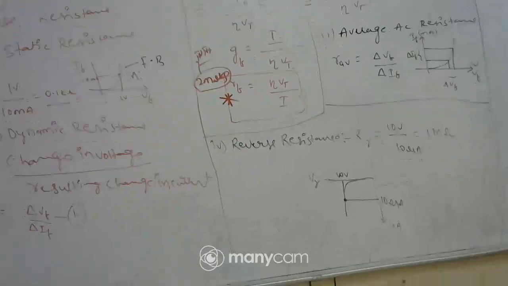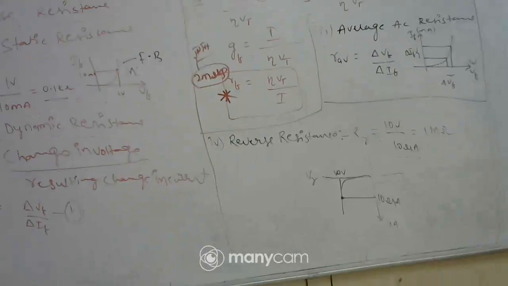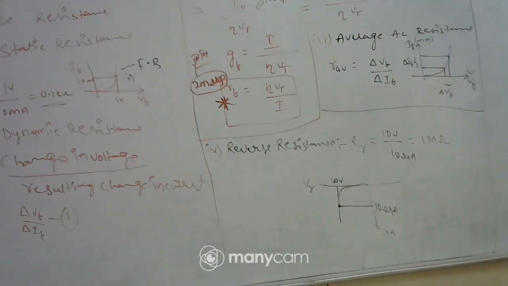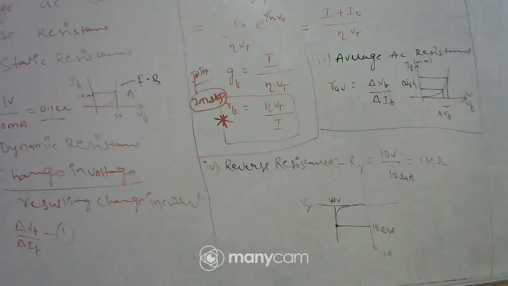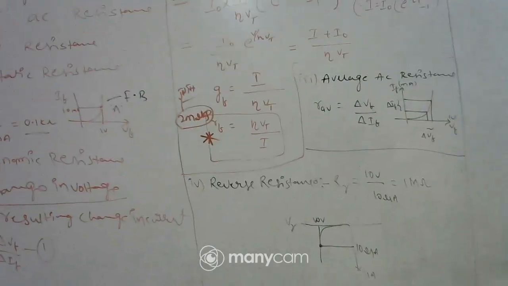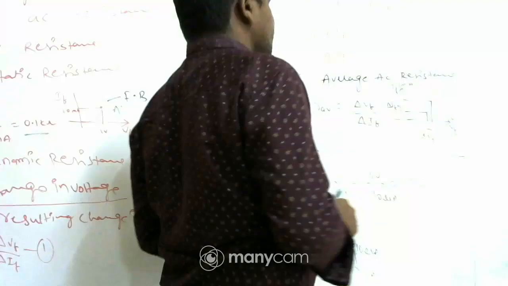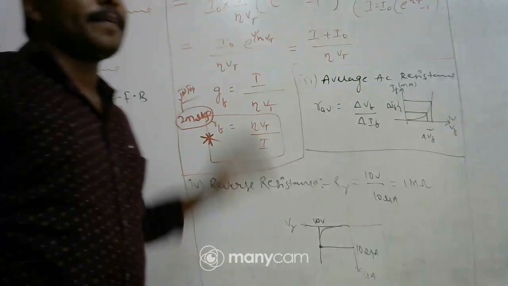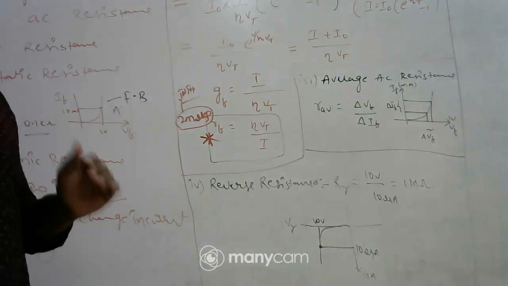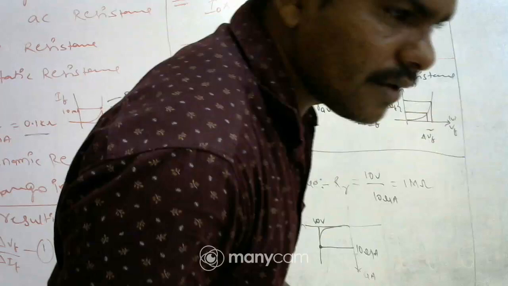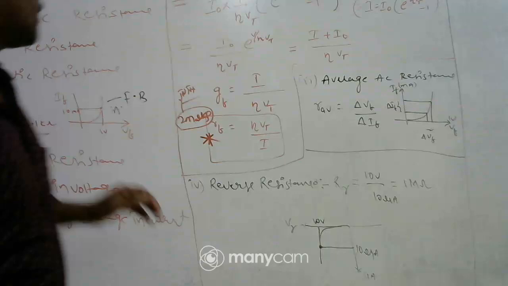Let us assume that at 10 volts you are getting a current of 10 microamps. According to Ohm's law, 10 volts by 10 microamps, we will get 1 mega ohm resistance, which is very high. So this is the resistance level in a PN junction diode in forward bias and reverse bias.